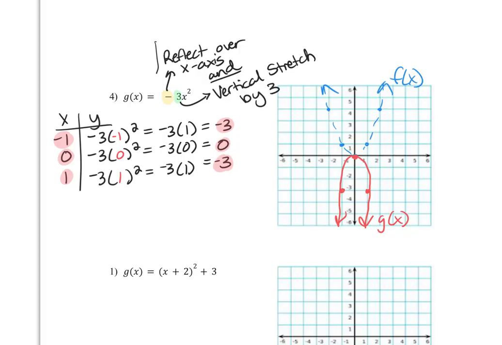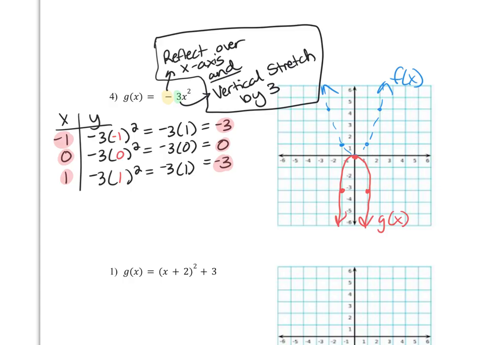So you have to have both of those transformations separate. I do not say vertical stretch by a -3. You got to make sure that that stays positive. Vertical stretch, vertical shrinks are always by a positive number. The negative, you have to write reflect over x-axis for that guy, and then you can't use them again.